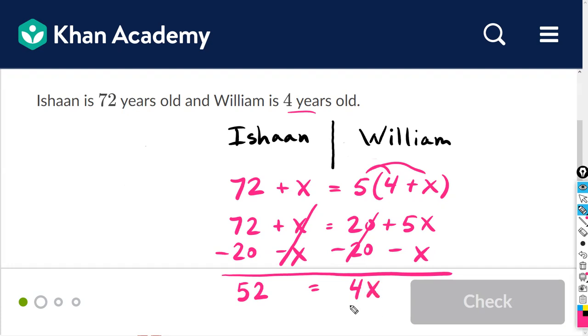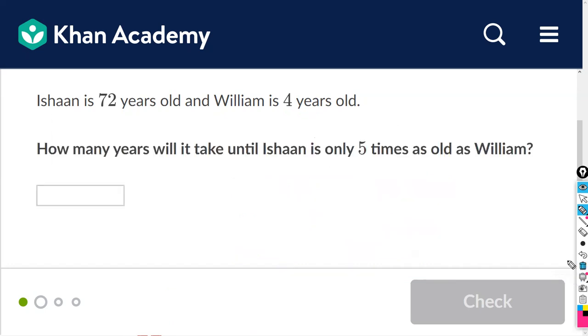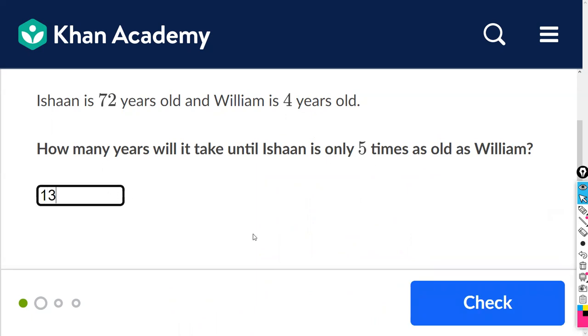Solving for X, we divide both sides by 4. 4's cancel. And 52 divided by 4 is 13. So you just enter that number in the box. Click inside and type 13.